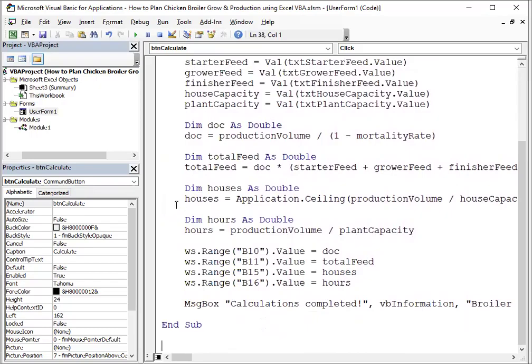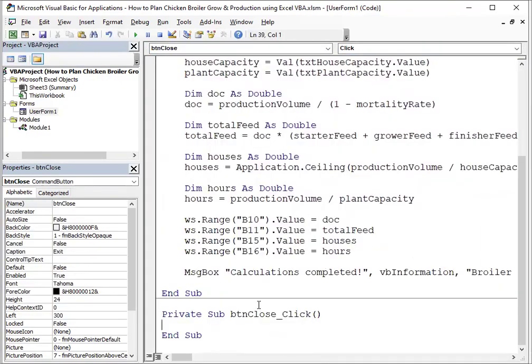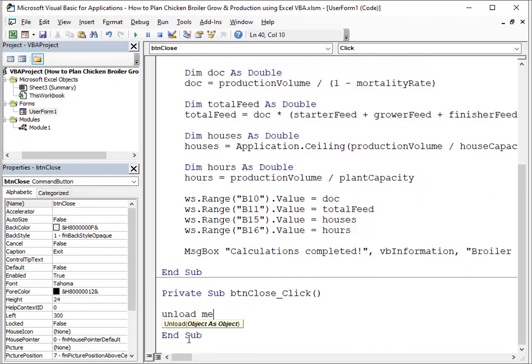Just one more: I'm going to exit. For this one, Unload Me. Simple as that. Unload Me. That's it. End Sub.